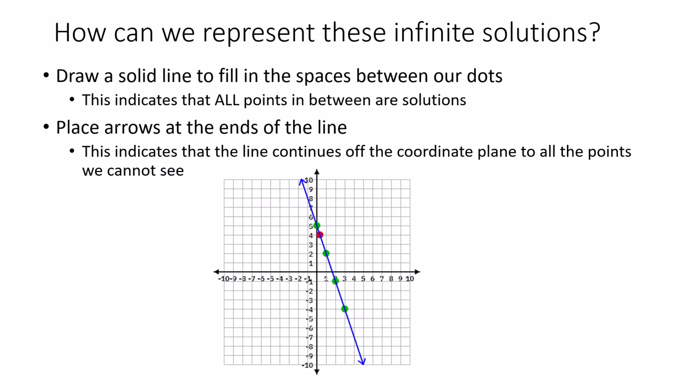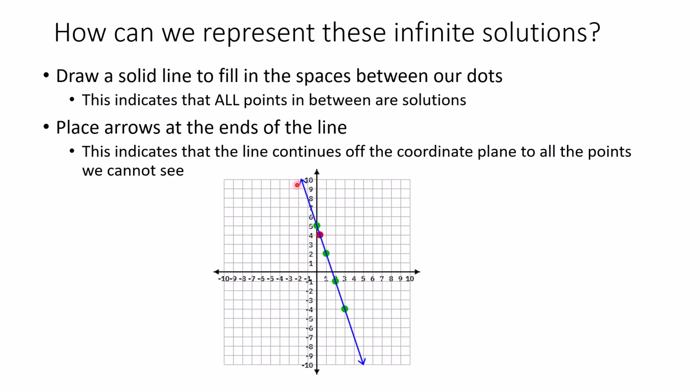And so what I did here was I did all of this in different colors. We have the original 3 points or 4 points that we plotted in green, connecting them with the line. Now, those extra points that I did, the only one that shows on this particular coordinate plane is the 1/3, 4, and that one is done in red. The other points are all off the edge.